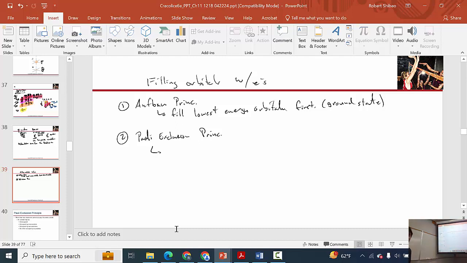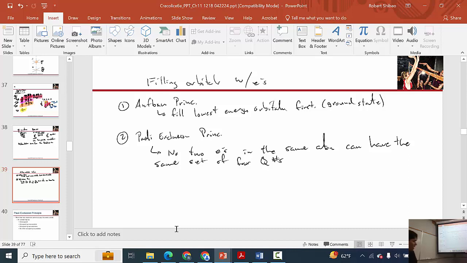This is based on quantum mechanics. No two electrons in the same atom can have the same set of 4 quantum numbers.